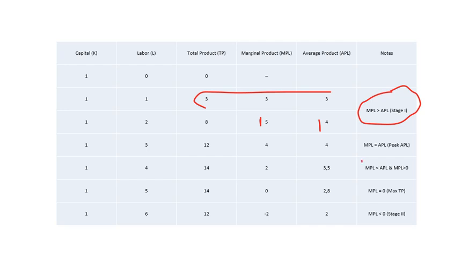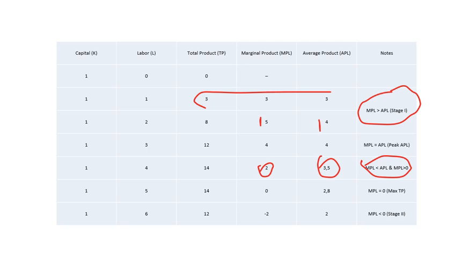Then we have the second stage, when MPL is less than APL and MPL is positive. So here, for example, MPL is 2 and APL is 3.5, which means MPL is less than APL.